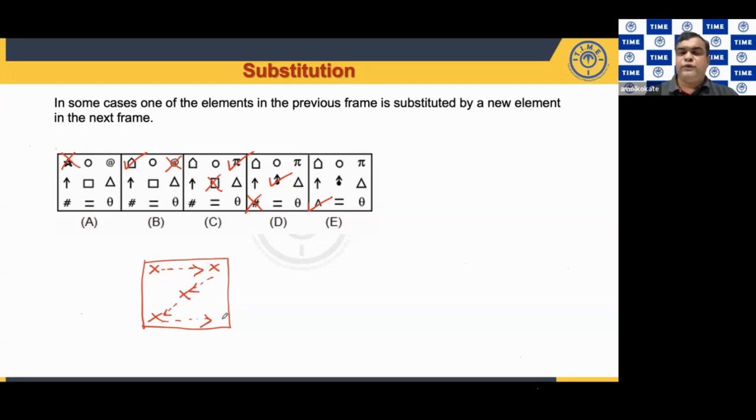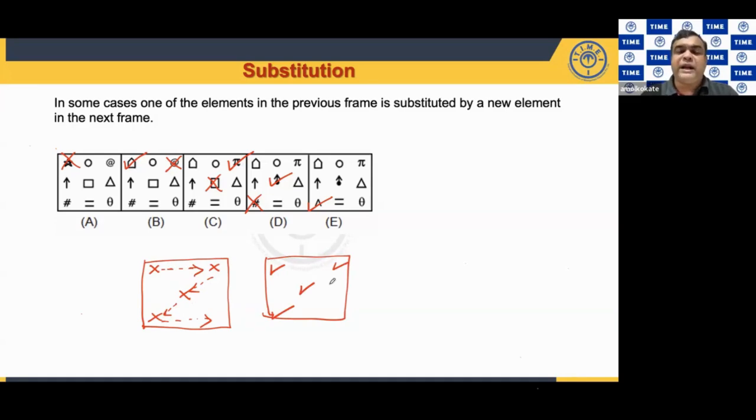So if you want the next element, it should probably be at that corner. Fine. The same pattern you'll observe in the tick also. First figure, the tick is here, next figure the tick is over here, next figure over here, next figure over here. So the tick indicates where the new element comes. Sometimes the same position where an element is removed, the tick appears.